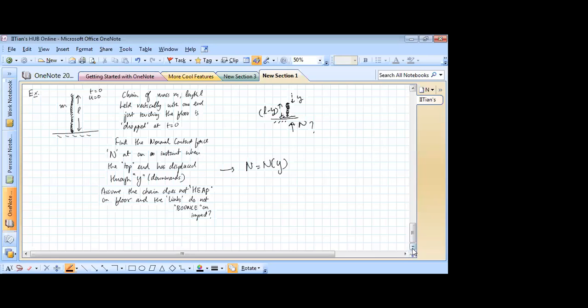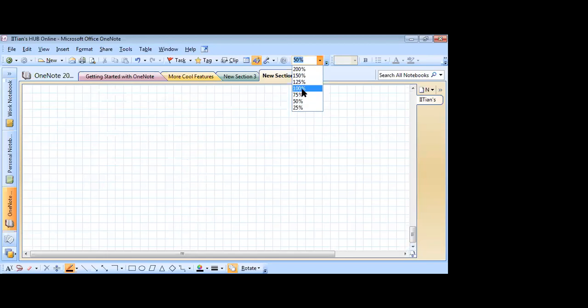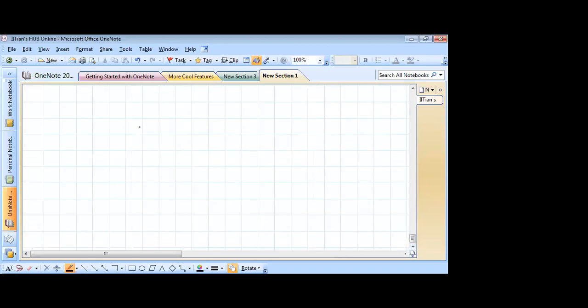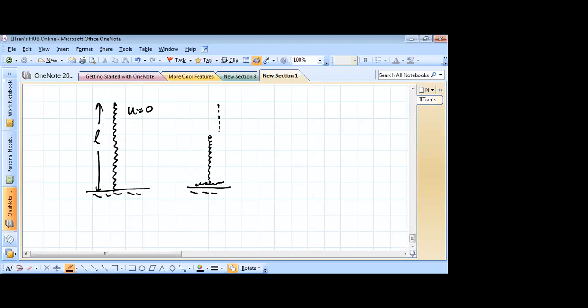Okay, good. So here you have to understand a couple of things. One is that from this position, when the speed of the chain was zero, till this position where a certain portion of the chain is on the ground, this is y, this is L minus y.